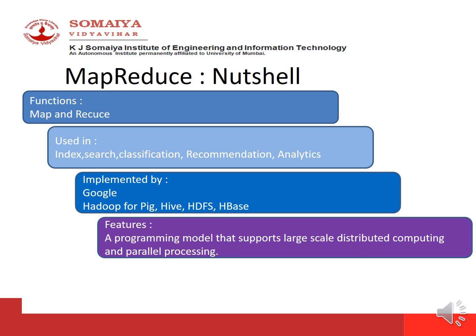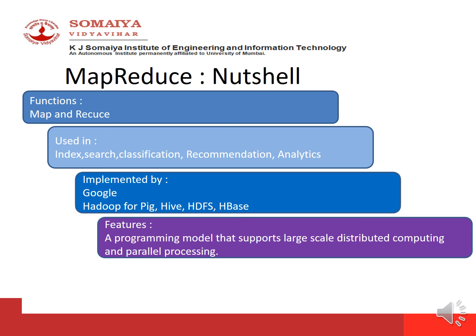So MapReduce comes with two functions, map and reduce. It is widely used in several applications like indexing, searching, classification, recommendation systems, data analytics, etc. It is implemented by Google and Hadoop for Pig, Hive, HDFS and HBase.